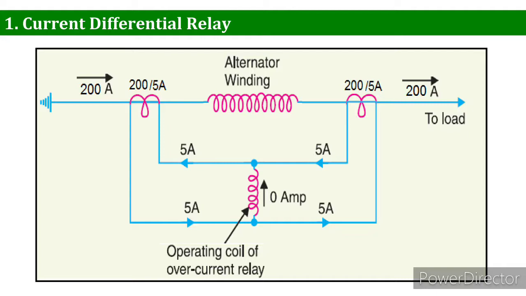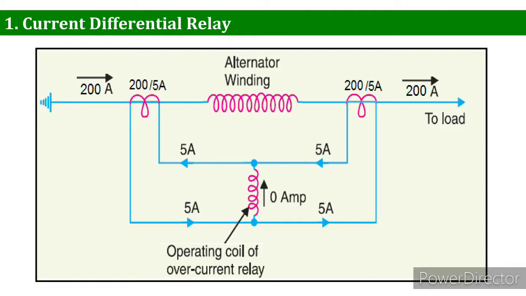So we can compare the current at the two ends of the alternator winding. Under normal operating condition, as you can see in the figure, suppose an alternator winding carries a normal current of 1000 ampere, then the currents in the two secondaries of the CTs are equal.